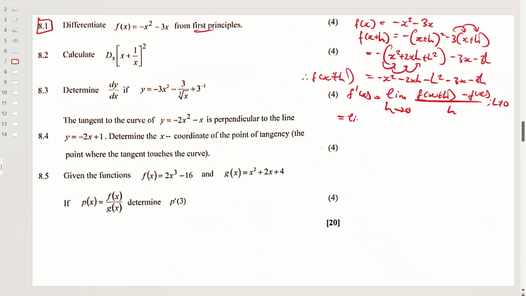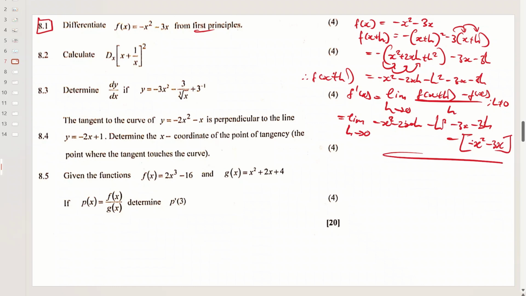So now this is the limit as h approaches 0. f at x plus h is just that part, negative x squared minus 2xh minus h squared minus 3x minus 3h, minus, so we are subtracting what? Our original function, which is negative x squared minus 3x. Always, guys, protect the original function. Don't make silly mistakes here.